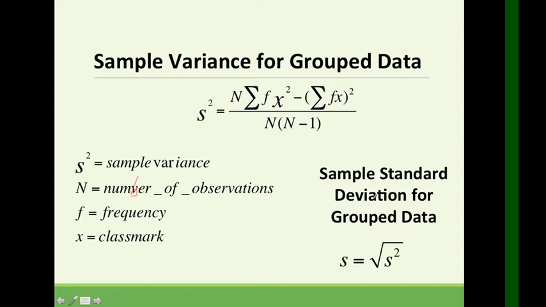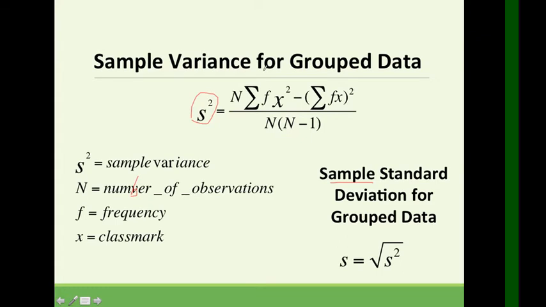So, for the sample standard deviation for group data, meron tayong S equals the square root of S squared. So, ibig sabihin, kung ano ang nakuha natin dito, i-square root lang natin siya. So, ganun lang yung pagkuha ng sample standard deviation for group data.